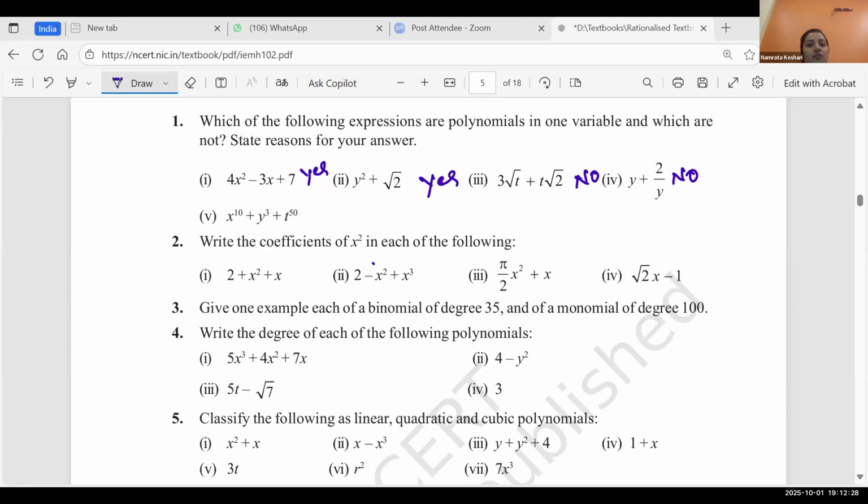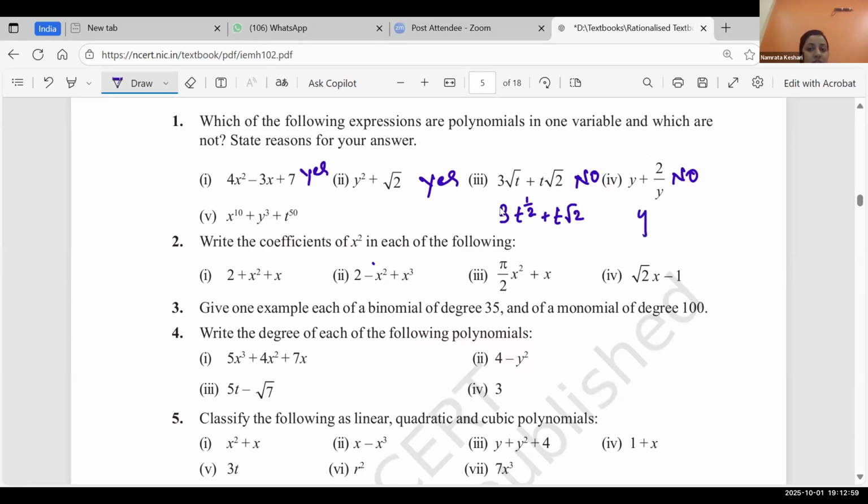When it's not, then we say why it's not. Wherever I have written no, I need to write it in this form: t to the power 1 by 2 plus t into root 2. Here the exponent of t, that is 1 by 2, is not a whole number, hence it's not a polynomial. Clear?